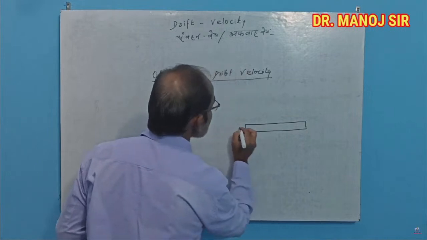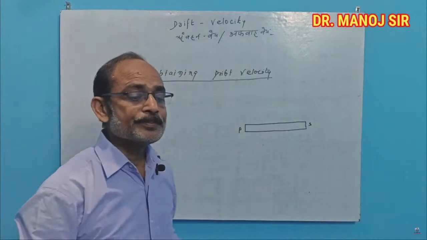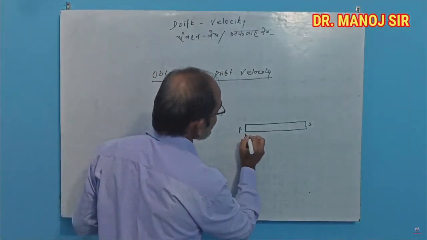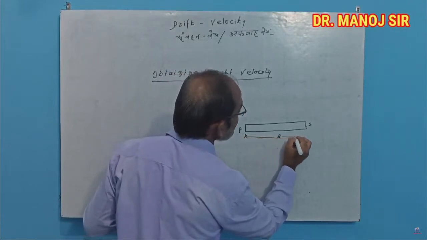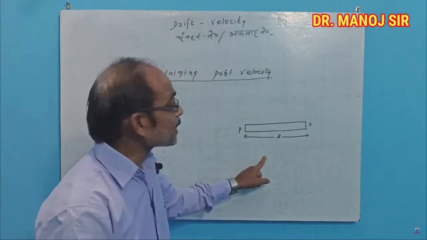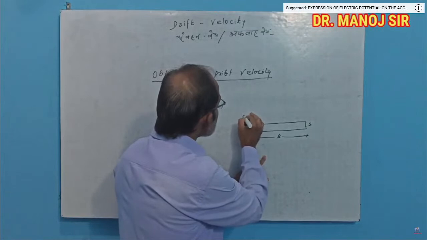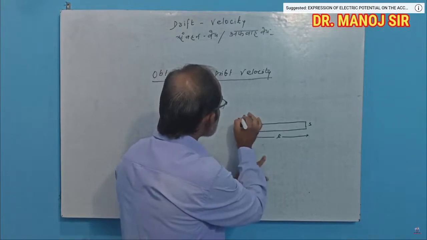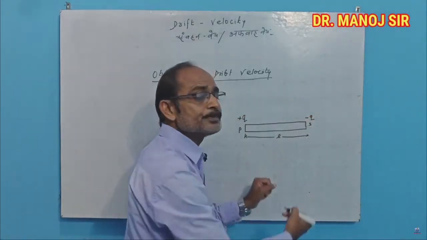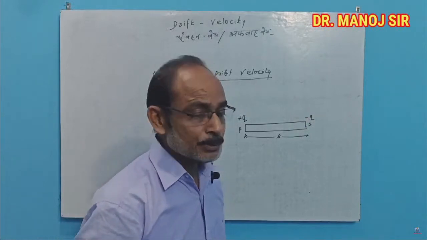This is a conductor PS, whose total length is L. Total length is L, and one end charge is plus Q and the other end charge is minus Q coulomb.